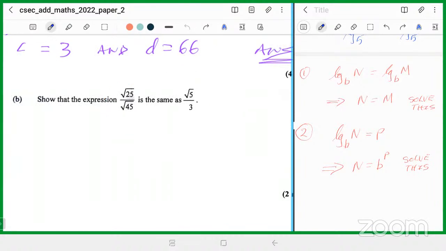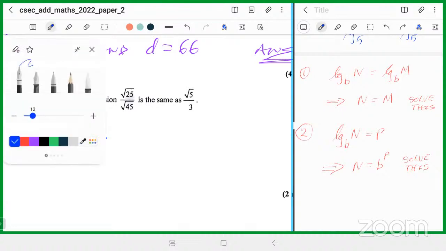All right? So this one is about simplifying. It says, show that this expression is the same as this. You can just drop it in the calculator and give the answer, guys. But you have to simplify these values down. So I have the square root of 25 over the square root of 45. What you're normally looking for is a perfect square.